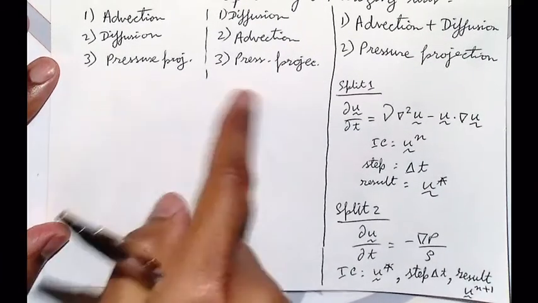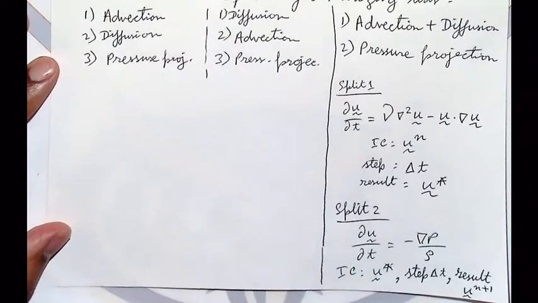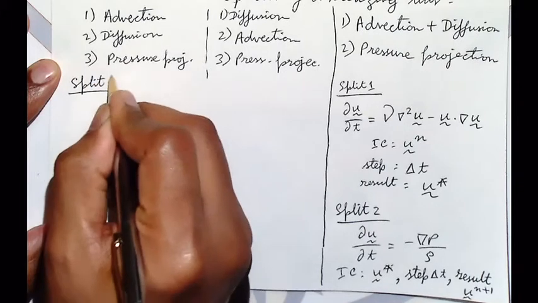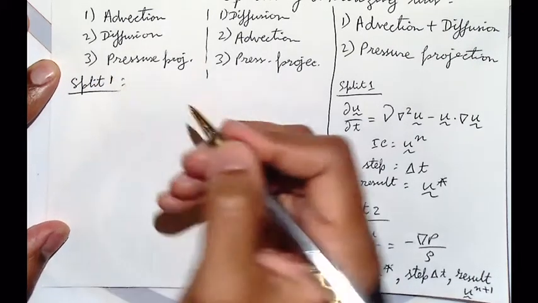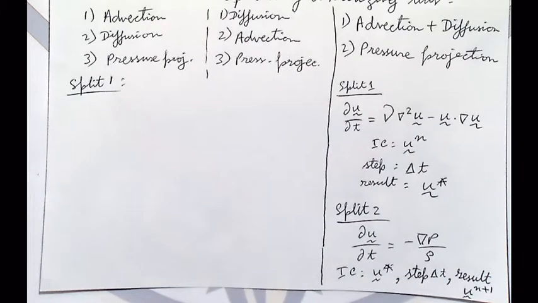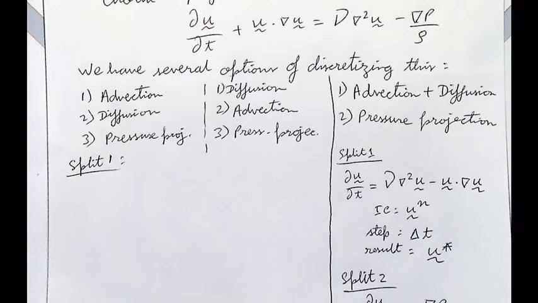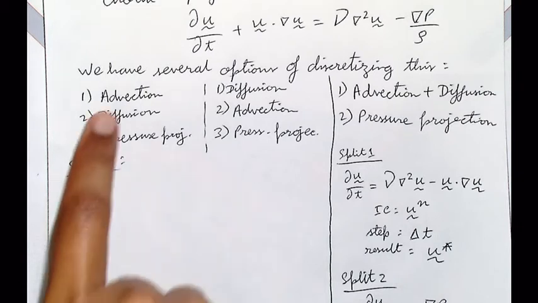So let's pick one of these now. Let's go with the first one: convection, diffusion, projection. Split one, what's split one? Let's do advection first.